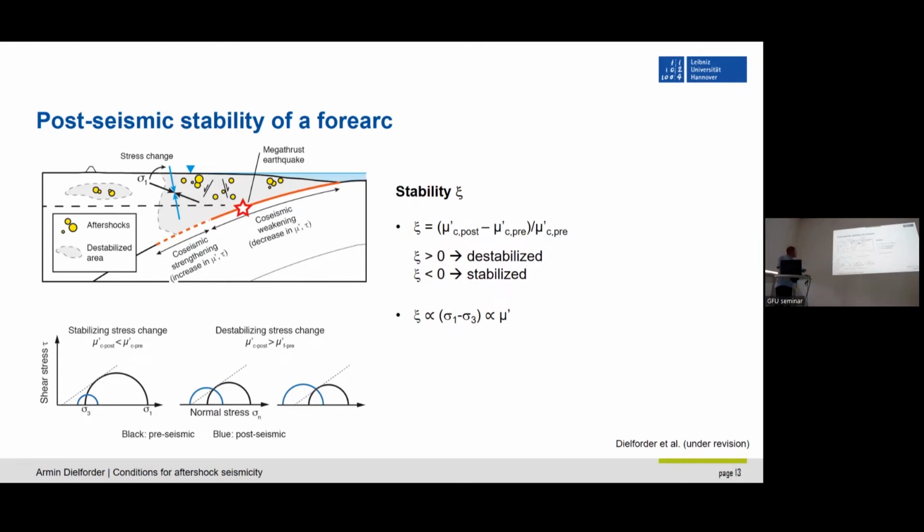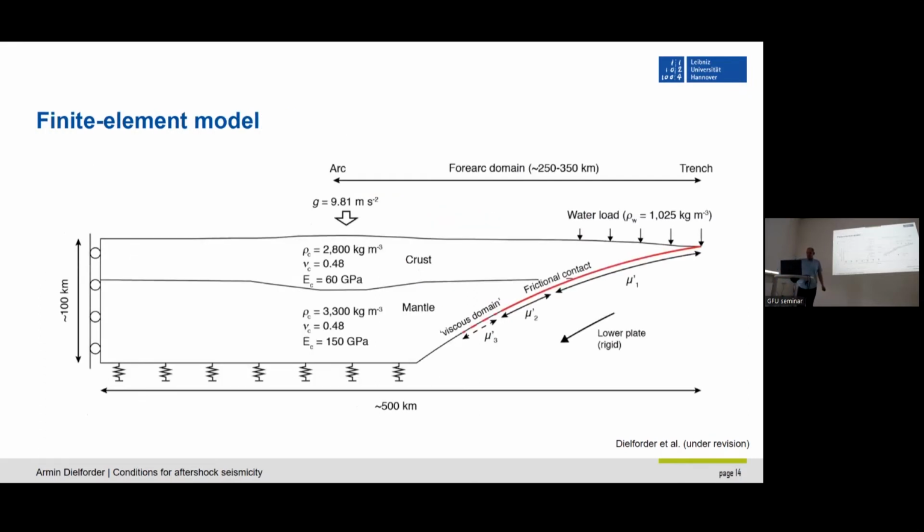So what we can do is calculate the distribution of these areas in the forearc that get destabilized as a function of how the effective frictional strength of the megathrust changes in the area where there's a stress drop and a stress increase. To do so, we used a finite element model that calculated the elastic stresses in the forearc. I don't want to get lost too much in the model setup.